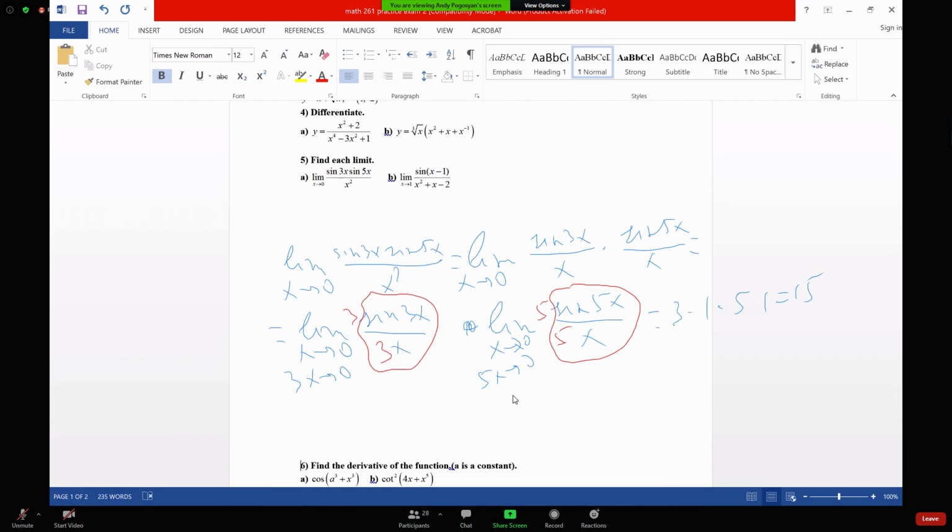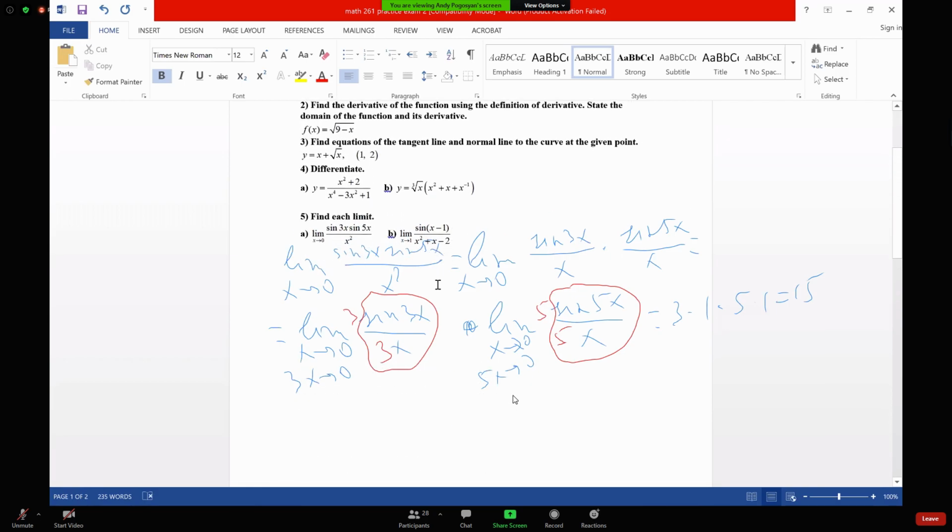Now B part. Limit of sine x minus 1 over x minus 1 times x plus 2, x approaches 1, equals limit sine x minus 1 over x minus 1, x approaches 1, times limit 1 over x plus 2, x approaches 1.